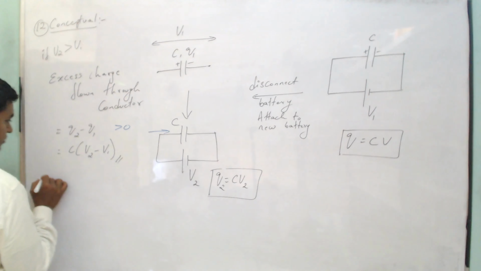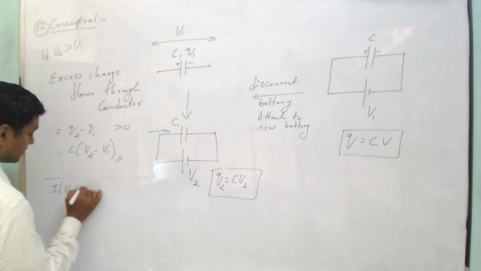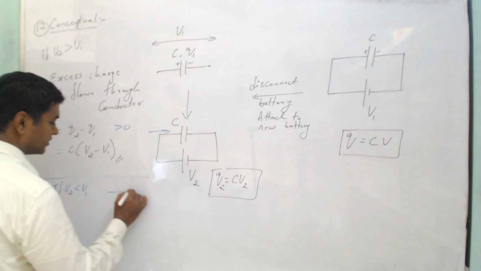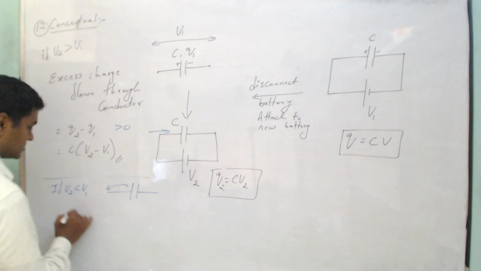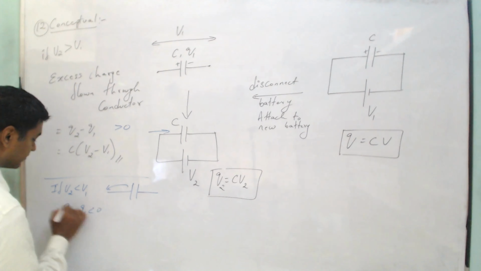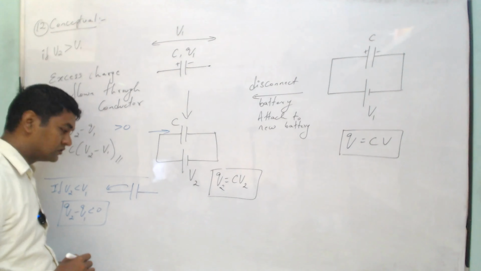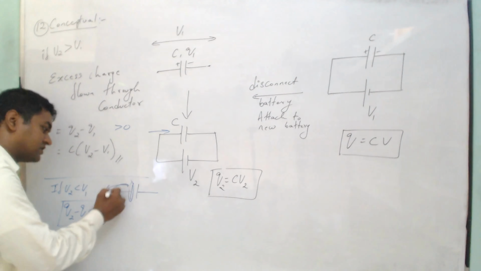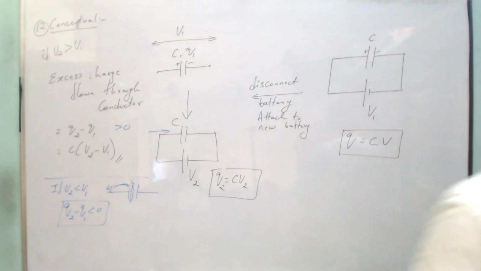Now, if V2 is less than V1, the charges have flown from the capacitor to the conductor, and Q2 minus Q1 is going to be negative. So the charges from the plates of the capacitor will go back to the conductor, which is the wire.